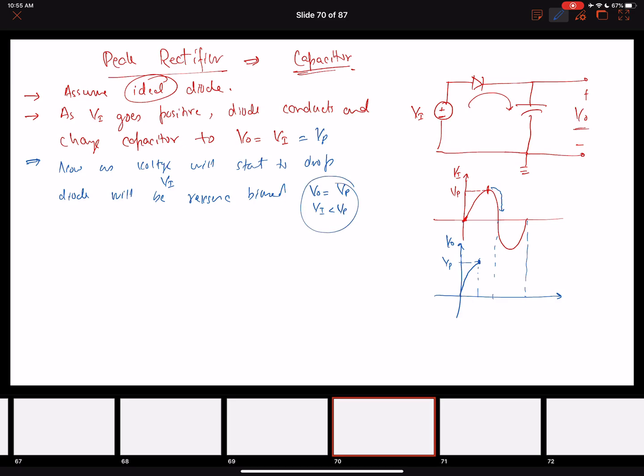So the potential drop across over here: this was V naught and this was VI, and when my output voltage is VP but my input voltage is less than VP, the diode will become reverse biased. So as soon as it starts to fall below the peak value, the diode will become reverse biased and off, or open circuit.